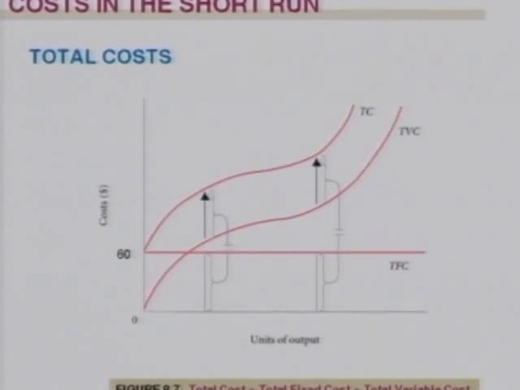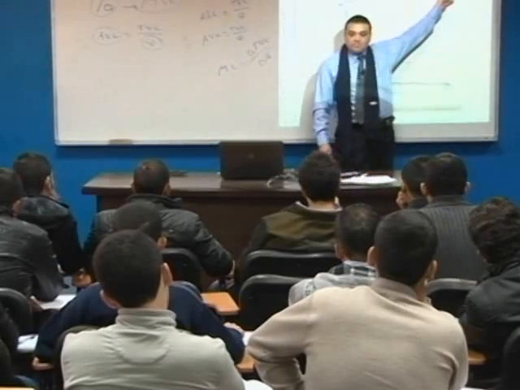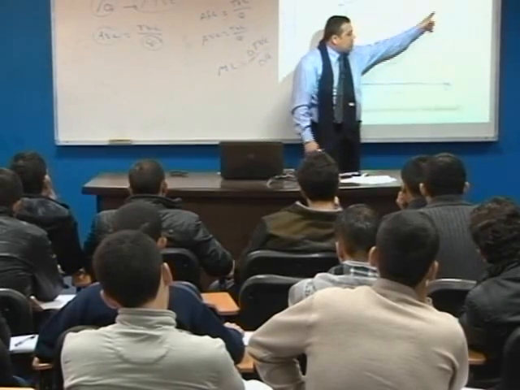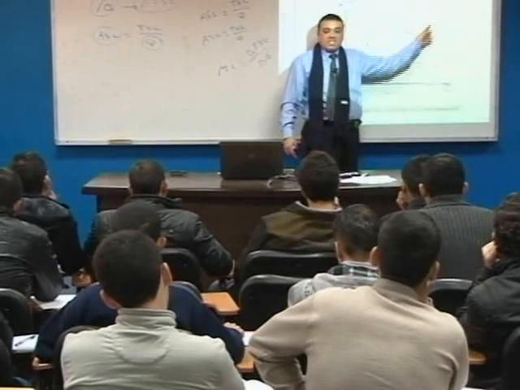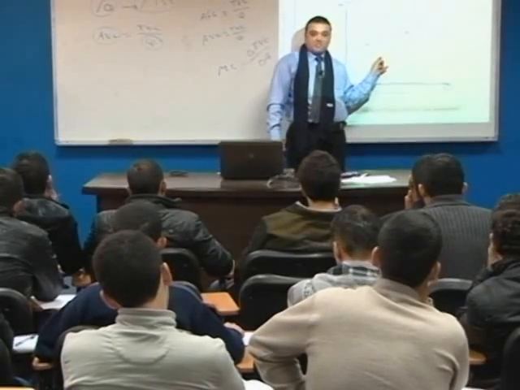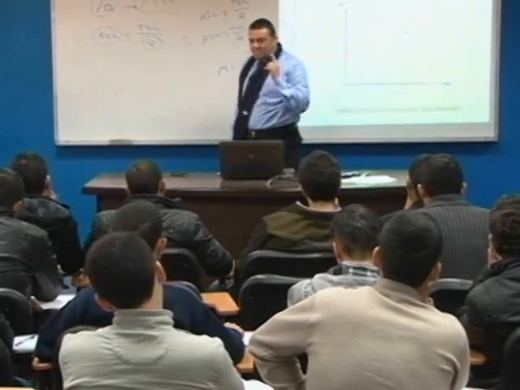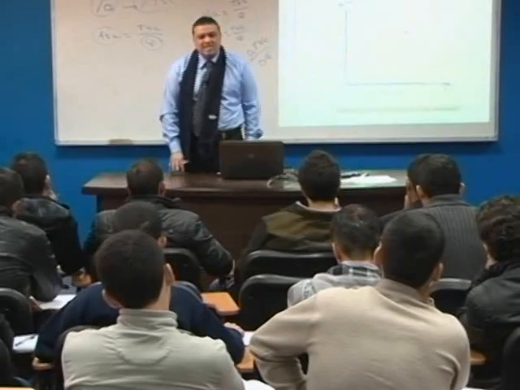The total variable cost starts from 0 and then increases. In this stage, the slope of TVC is larger than in this stage. So, what is the slope of TVC?